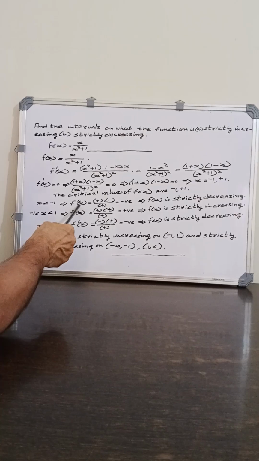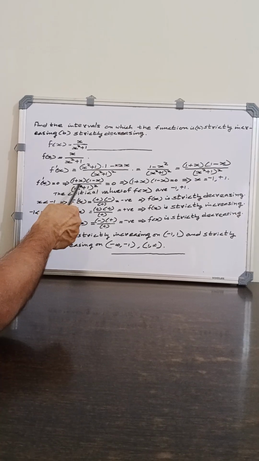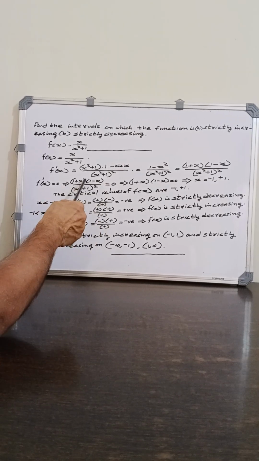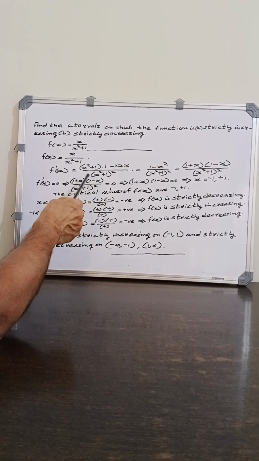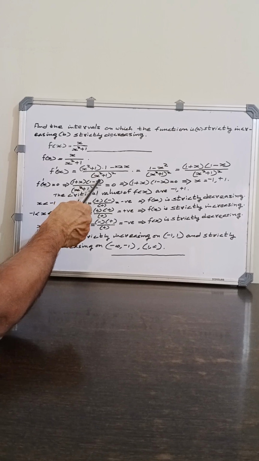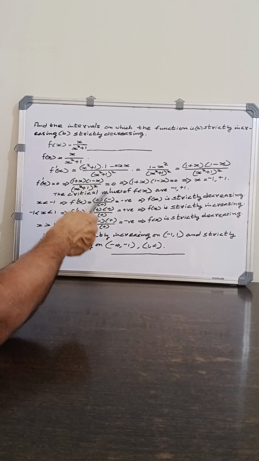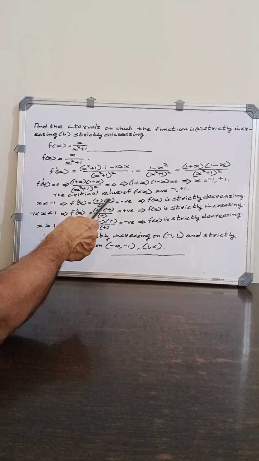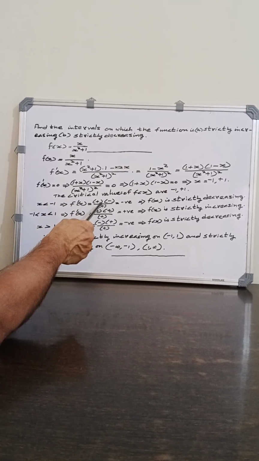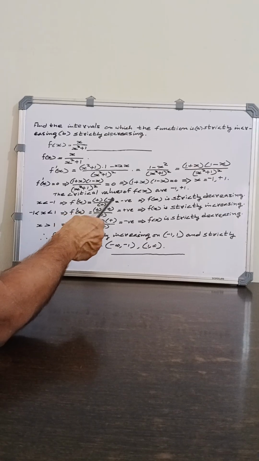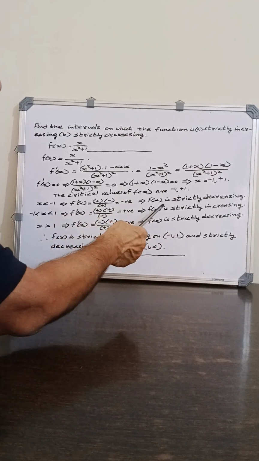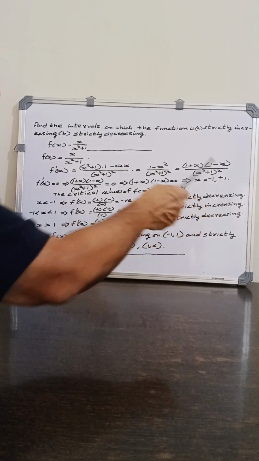Taking minus 1, (1 plus minus 1) into (1 minus minus 1): 1 minus minus 1 gives 2, and 1 plus x means minus. This is minus by plus. Therefore, we get negative by positive equals negative. Therefore, f of x is strictly decreasing.